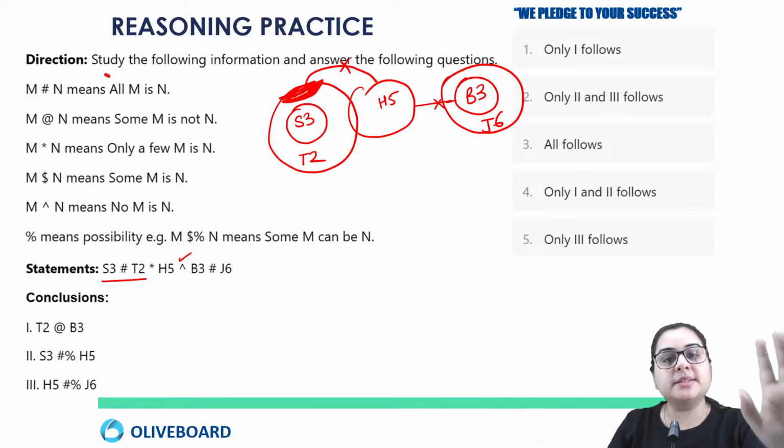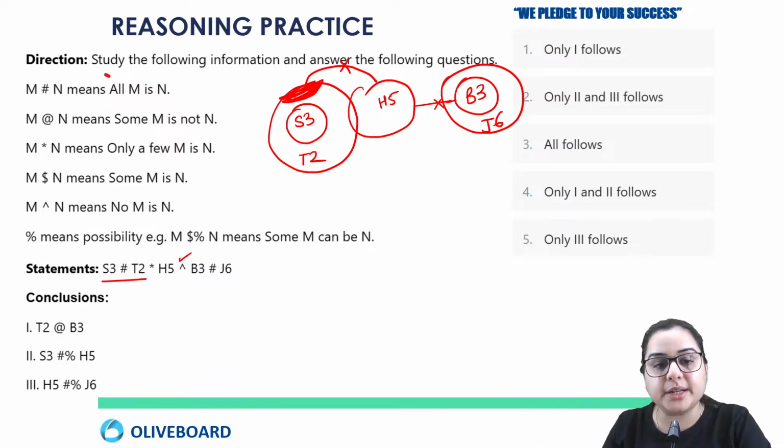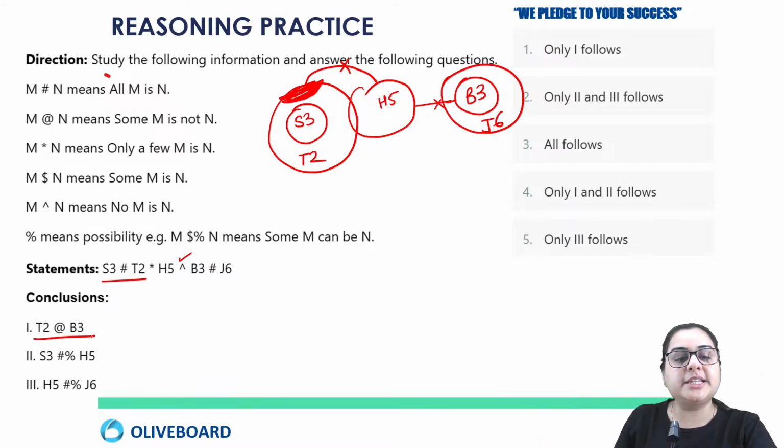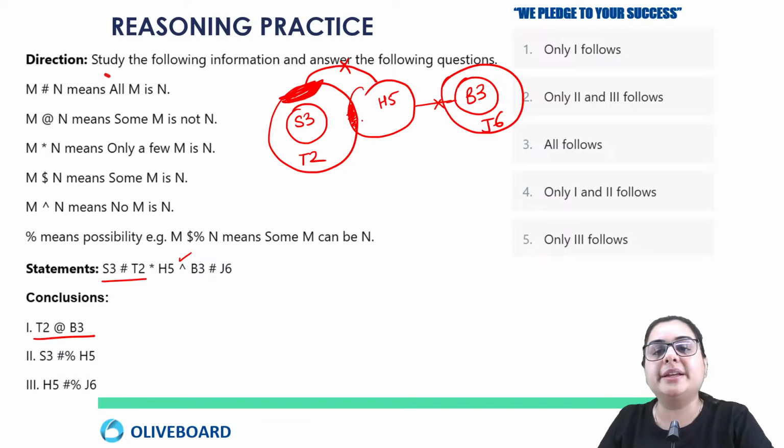And if some and some not both are coming definitely, that means if he says T2 at the rate B3, at the rate means some not. So there is some part of T2, that is the shaded part, which is coming in H5, and H5 has a negative relation with B3. That means some part of T2 also has a negative relation with B3. So the first conclusion is true.